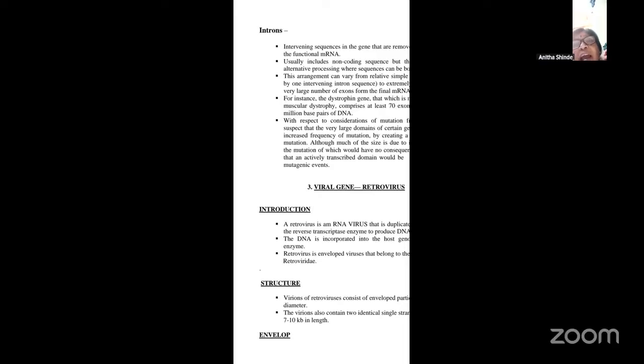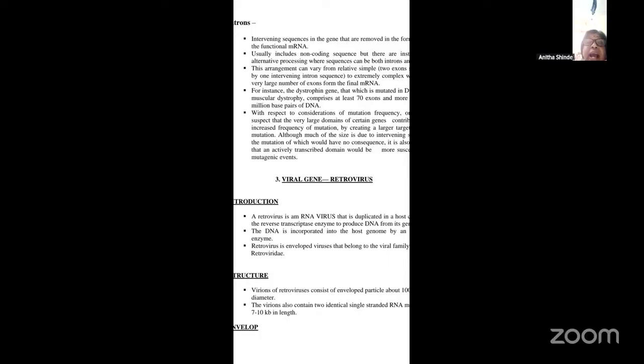Whereas the viruses have both RNA as well as DNA as genetic material. So based on that, we call them RNA viruses as well as DNA viruses. Here they have given an example of the viral gene, that is retrovirus, which is an RNA virus. That means here the genetic material is RNA.